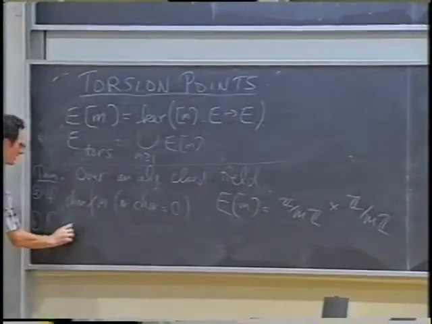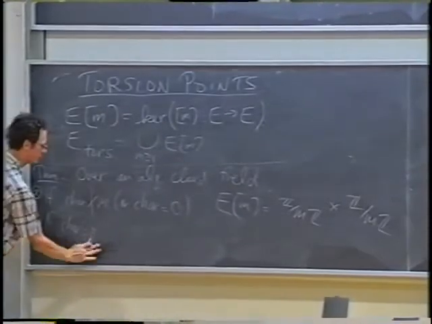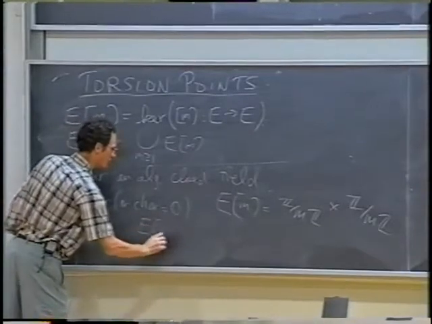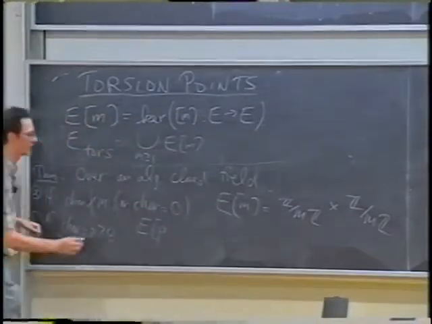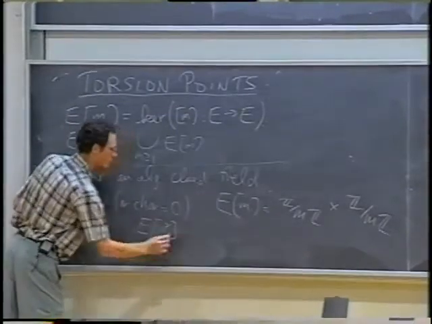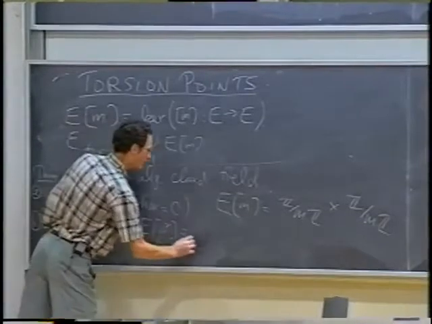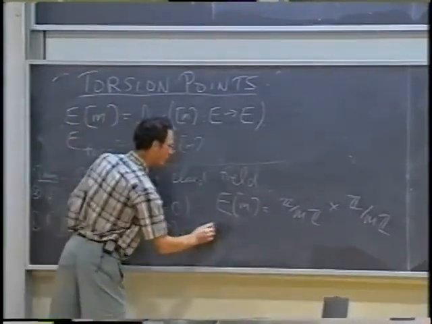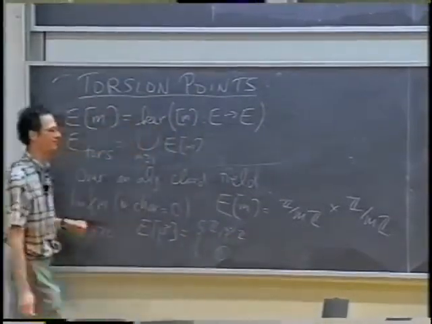If the characteristic is p, say, greater than 0, then the points of order p, or more generally, the points of order p to the nu, there are two possibilities. Either you get a rank 1 subgroup, or you get 0.